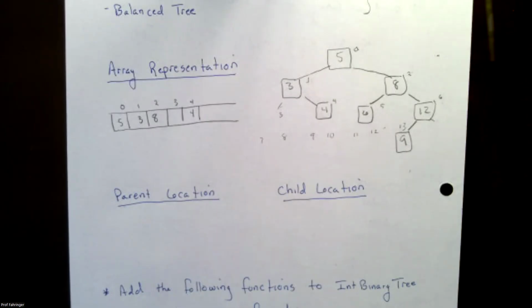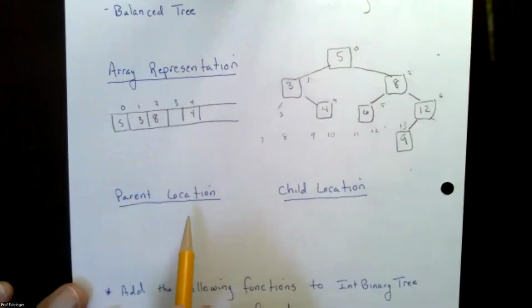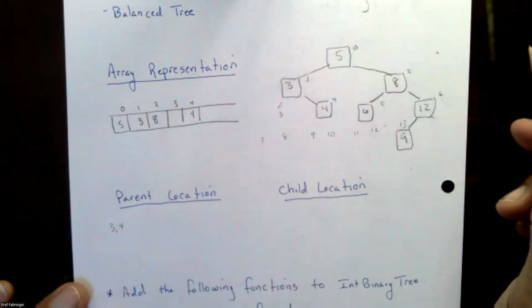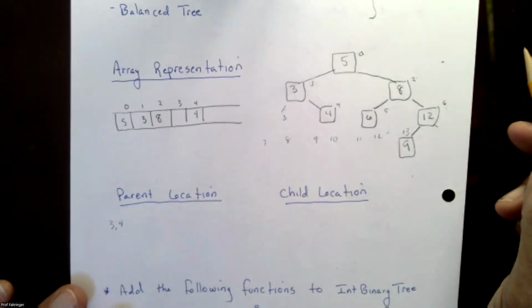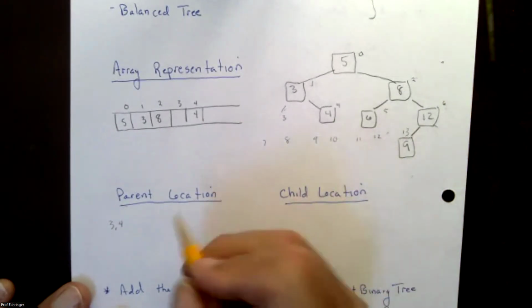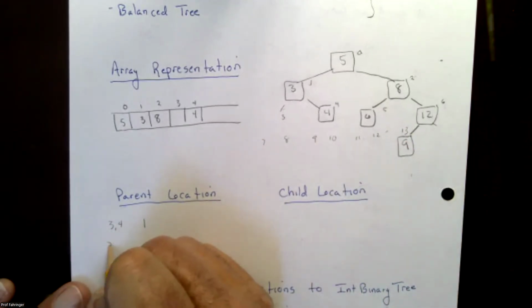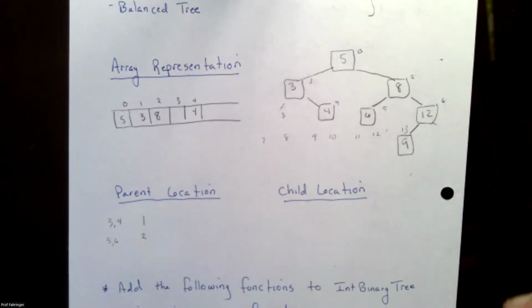Remember what it was? So let's see. 3 and 4 both have a parent at location 1. 5 and 6, their parent is at 2.